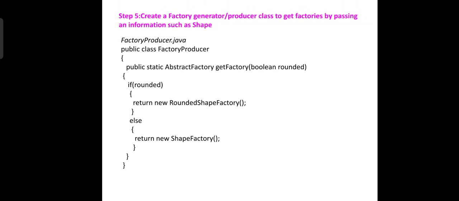In that getFactory method we use boolean rounded as an argument. Boolean is used for truth values, true or false. If rounded is true, then it returns a new RoundedShapeFactory, and if this condition is false, then it returns a new ShapeFactory.